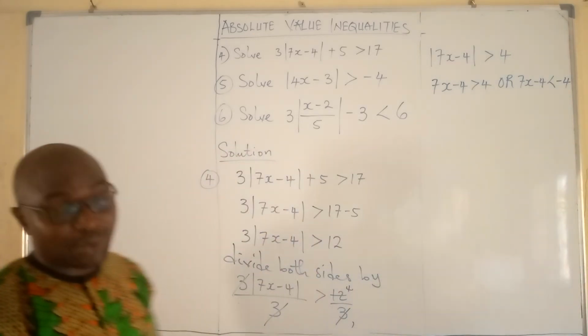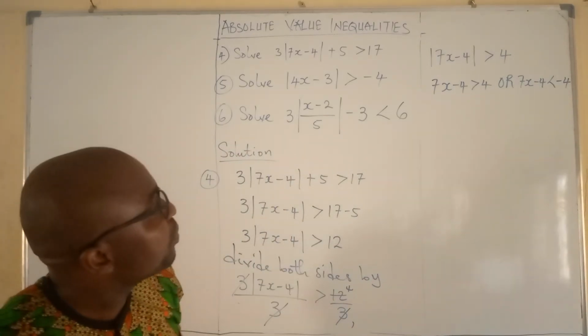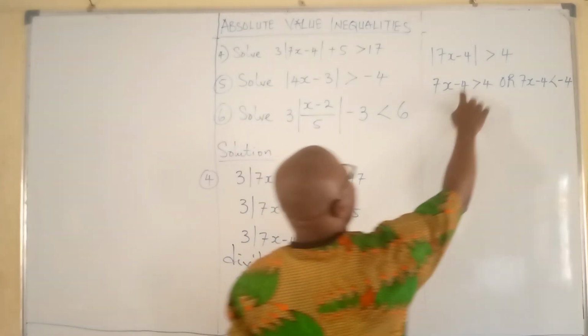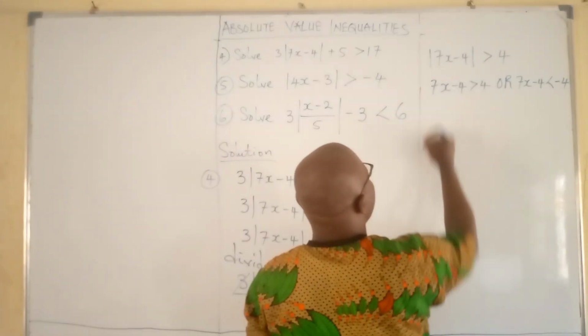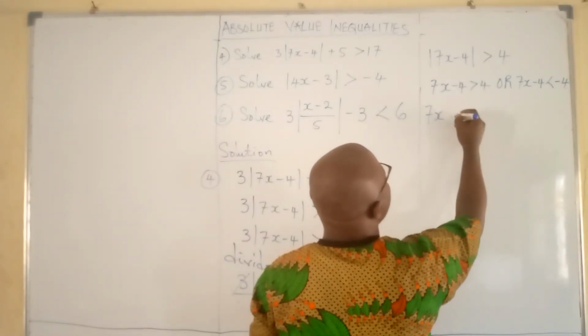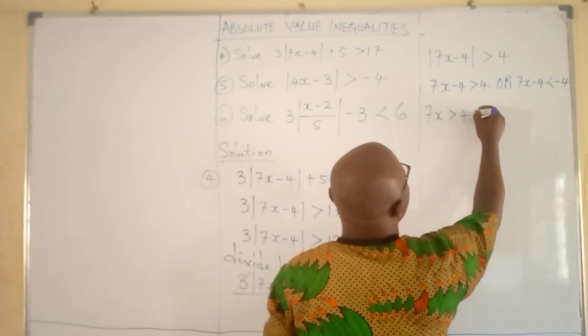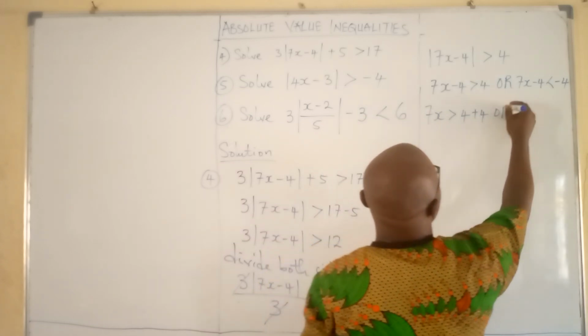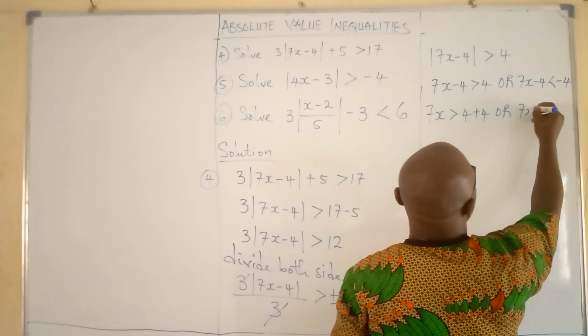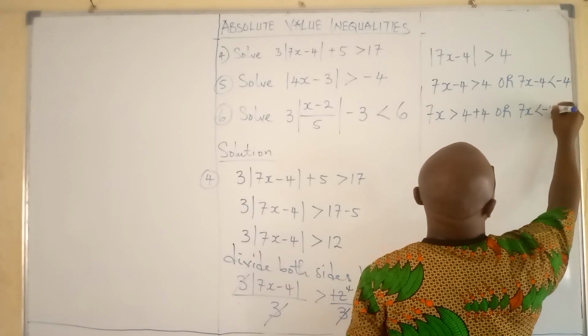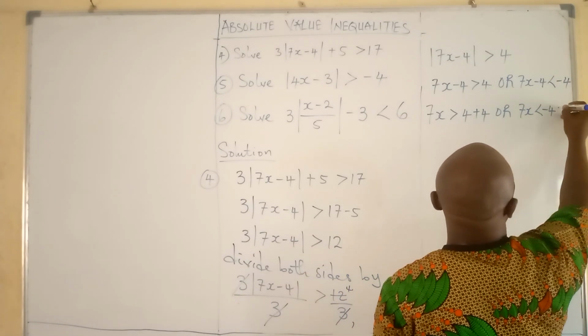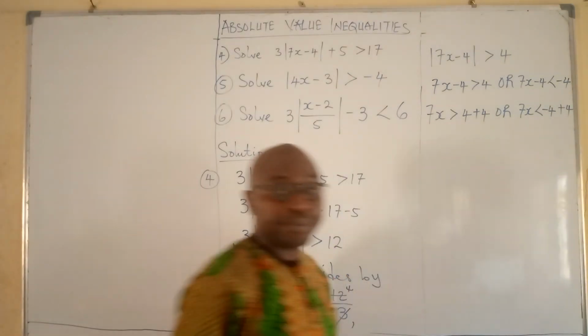We did that in part 1. And when minus 4 crosses to the other side, it becomes positive 4.